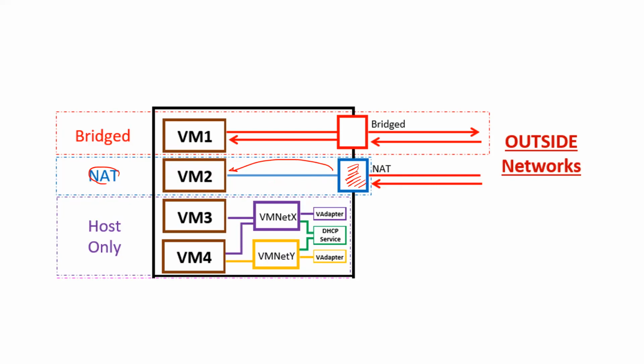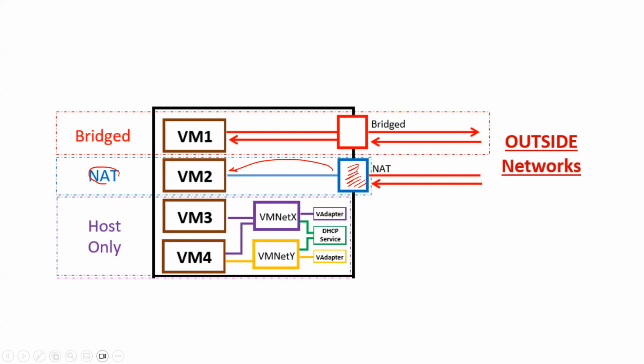We use this if, for example, your VM wants to reach the internet, or you want a specific IP address and you want to contact the other VMs also. So let's see how NAT works.